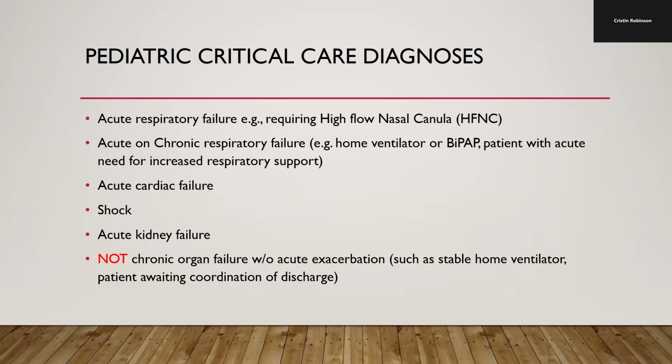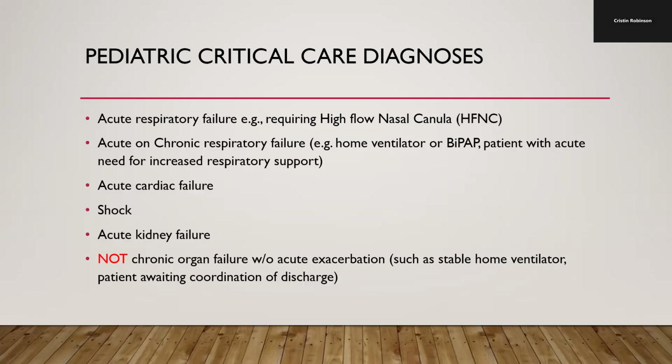This can include home ventilator or BiPAP, and the patient is in an acute need for increased respiratory support. We have acute cardiac failure, shock, and acute kidney failure, which in the majority of adult patients would typically not fall into a critical care definition.